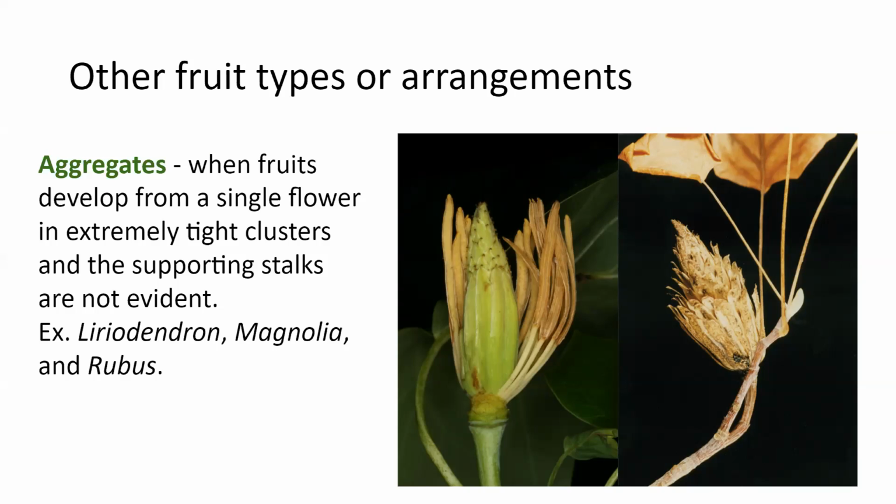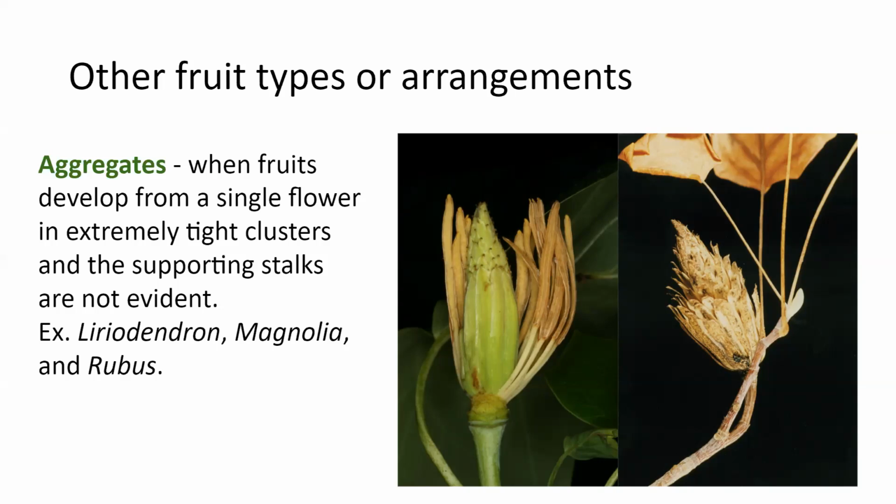The example we have, and I don't know if you saw these in lab, is the mature fruit of Liriodendron tulipifera. On the left side, you have the fruit in the middle. It's an aggregate of samaras. And surrounding it from the outside are the male stamens, very, very long stamens that surround the center ovary, which develops into the fruit.